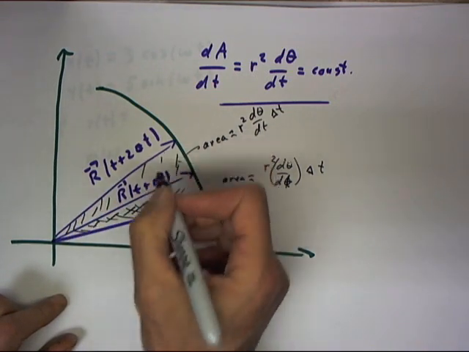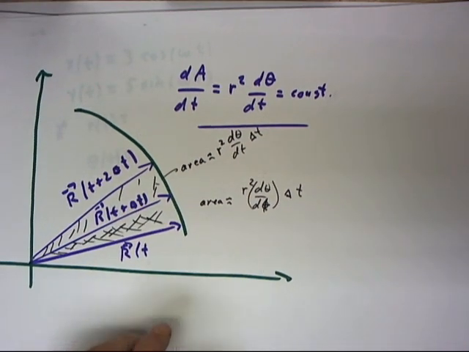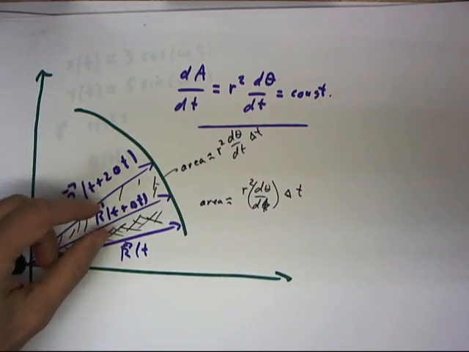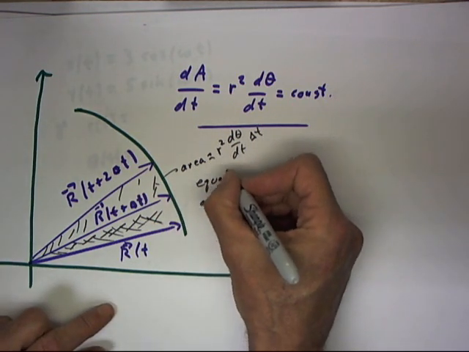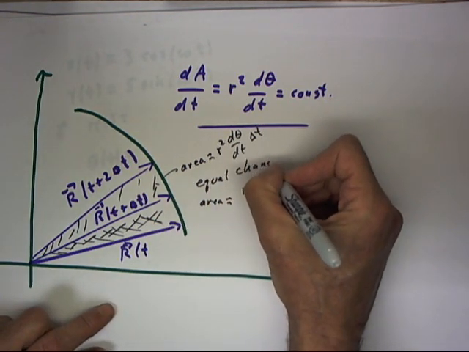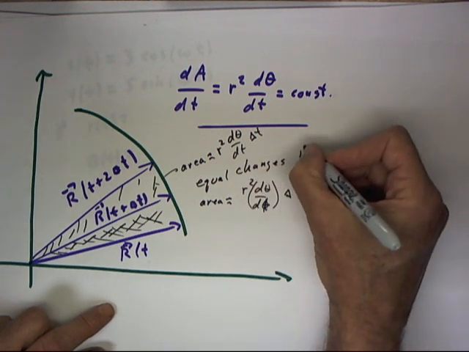If the delta t's are the same, then the rate of change of the area is constant, so that the areas will have equal changes.